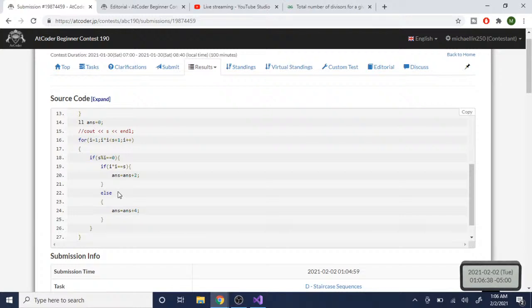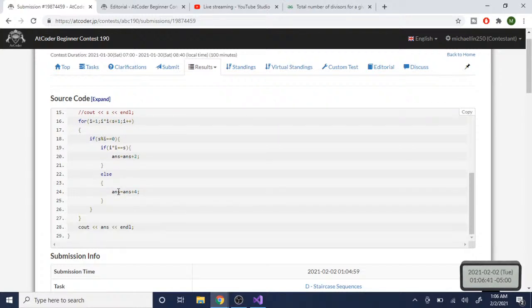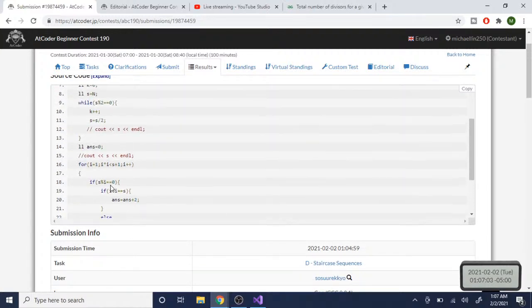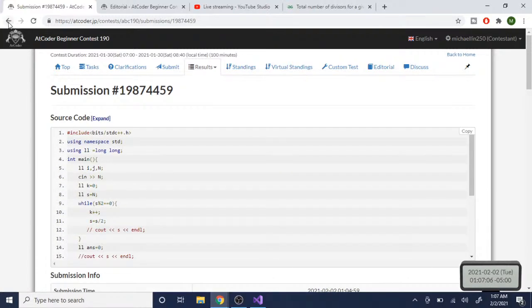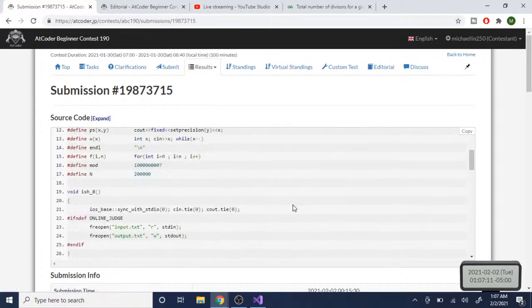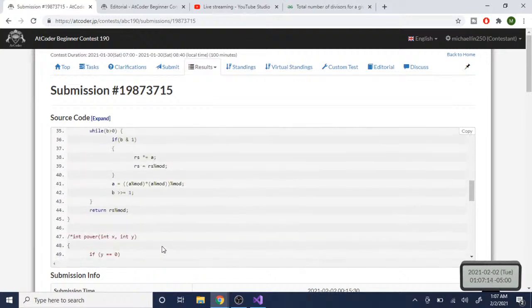Loop through square root of s plus 1, and if it's divisible by it, and I times I equals s, so if the value is the square root of s, add 2. Why? That doesn't make sense. Otherwise, add 4. These codes don't make sense. It's difficult. Oh, never mind.